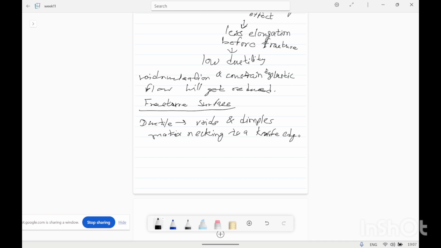There will be a growth in deformation with the shear band, and due to the shear band deformation, voids will grow and propagate, leading to a knife edge between particles.